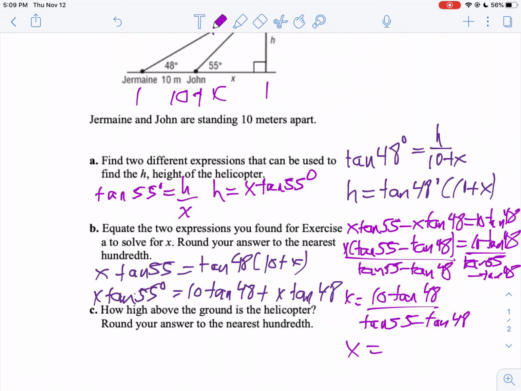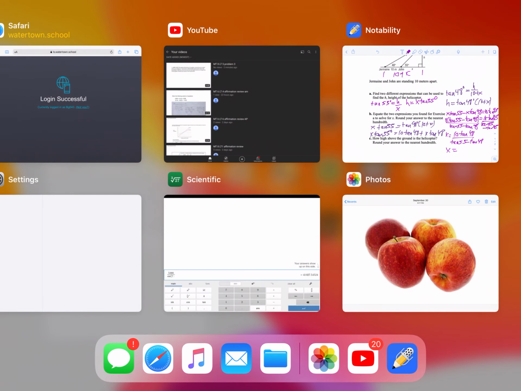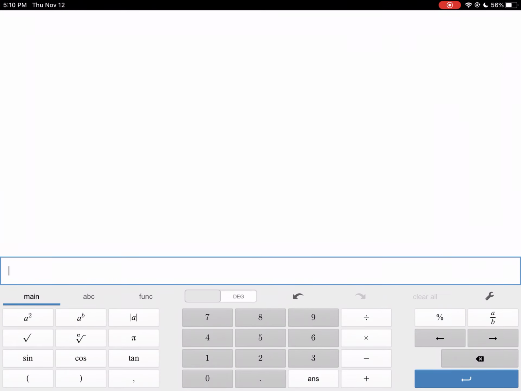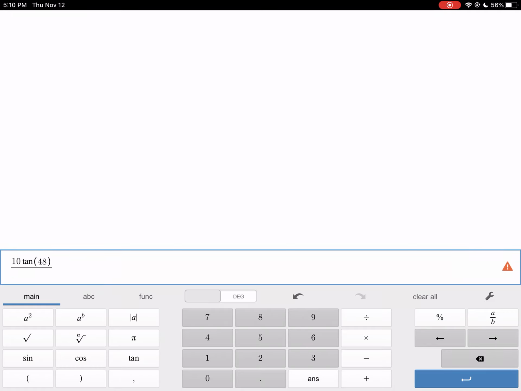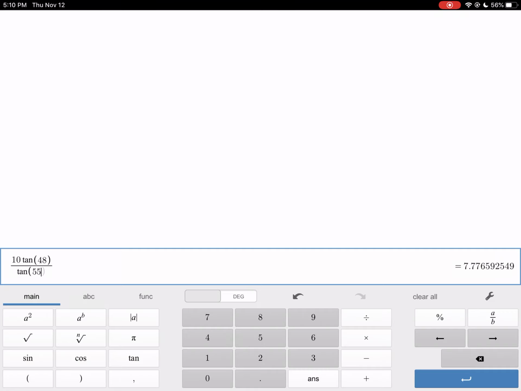So then we'll use our calculator. So we take 10 times the tangent of 48. I'm going to divide that answer by the tangent of 55. Make sure you close your parentheses.